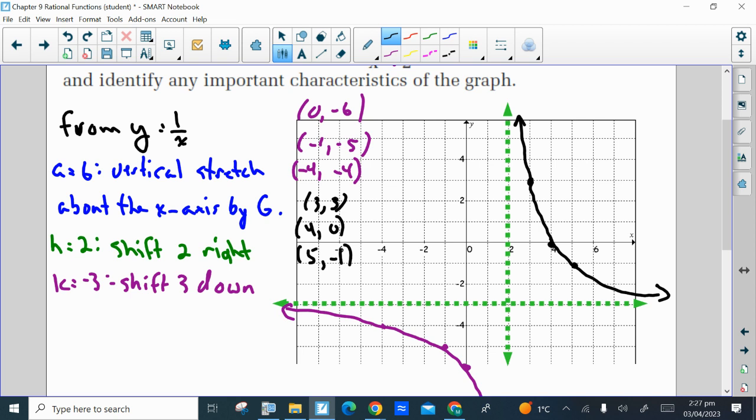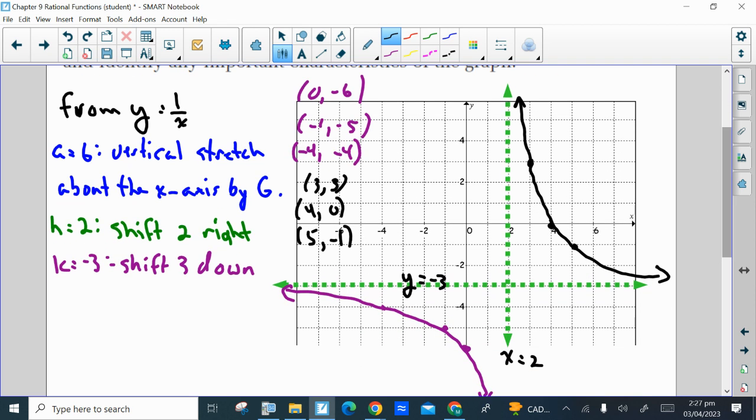Our vertical asymptote is at x equals 2, and our horizontal asymptote is at y equals negative 3. So our domain would be all values of x such that x cannot equal positive 2.